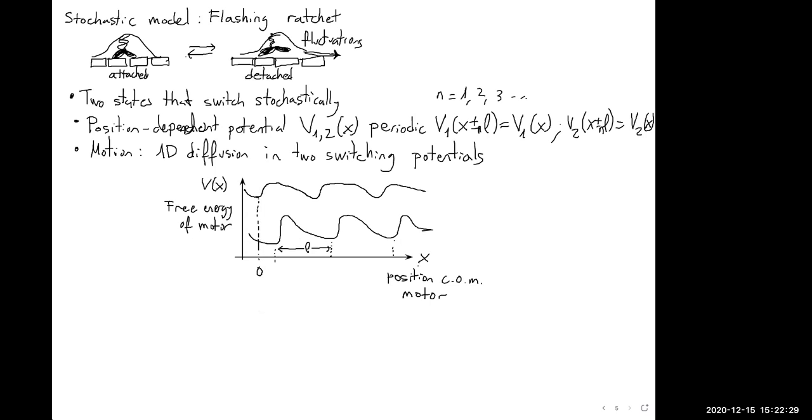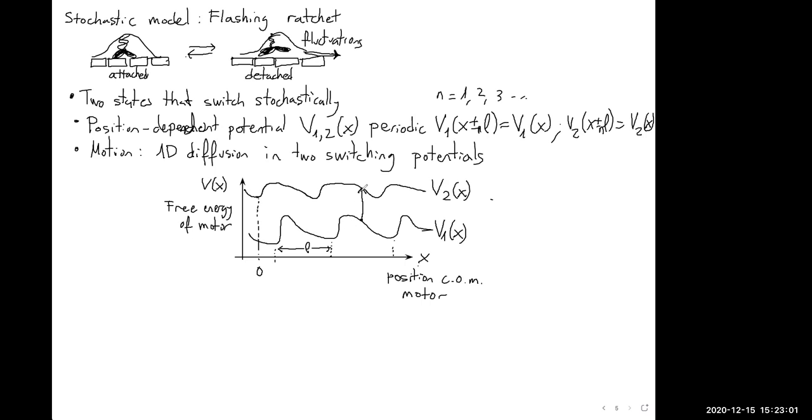And now something that is extremely important. First of all, I didn't define what these things are. This is V1 of X, potential 1, and the other is V2 of X, the second potential. This will be attached, and this is detached. So the motor can be attached, and suddenly, boom, it gets detached from any position. So, for example, from here, it takes energy, and it gets detached.